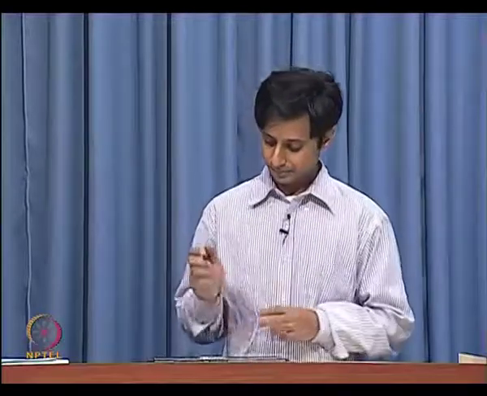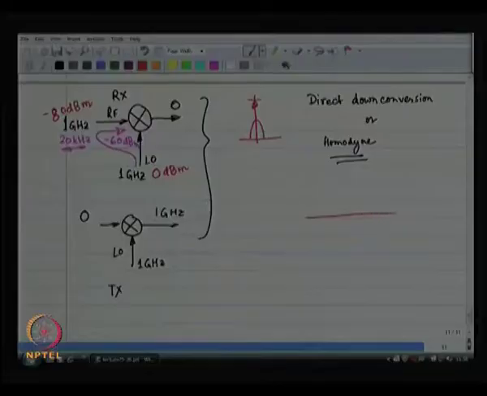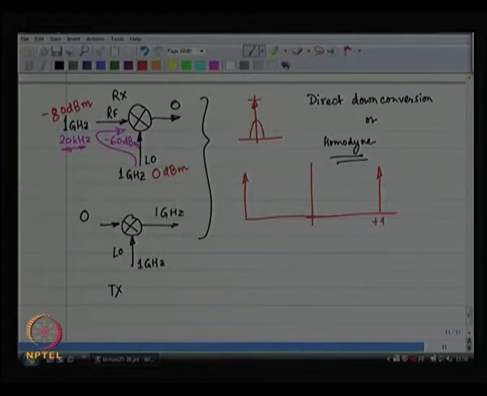Now, consider the fact that your local oscillator is not a perfect oscillator. The local oscillator, which is at 1 gigahertz, you think it has a frequency response that looks like this, right. You have impulse functions at plus and minus 1 gigahertz. Unfortunately, this is impossible to build.